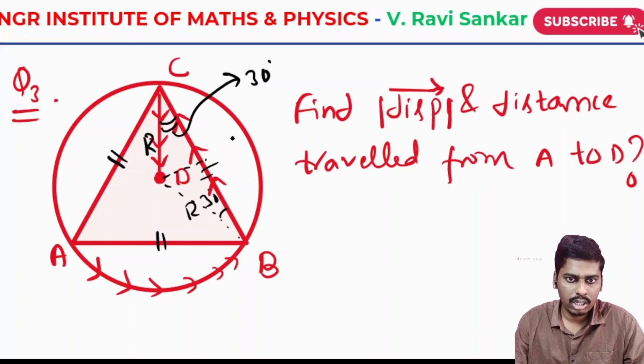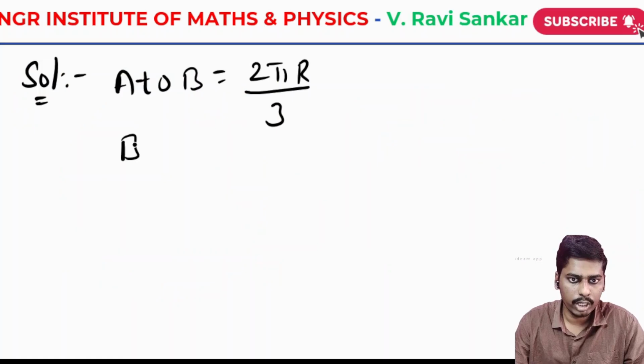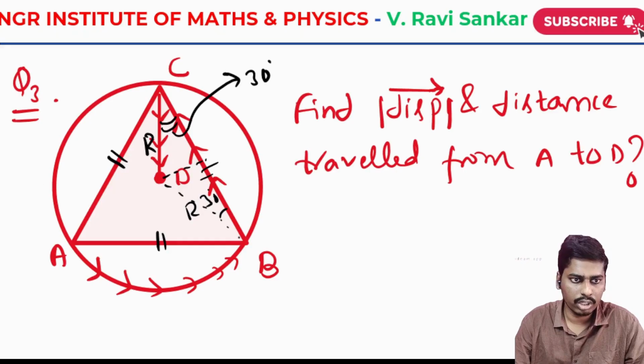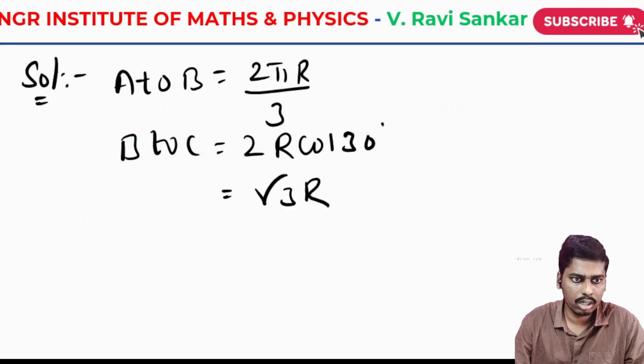Since it is an equilateral triangle, this is 2 times r cos 30 degrees. B to C is nothing but 2 times r cos 30 degrees, which is equal to root 3 r. Next, simply from C to D, which is nothing but r.